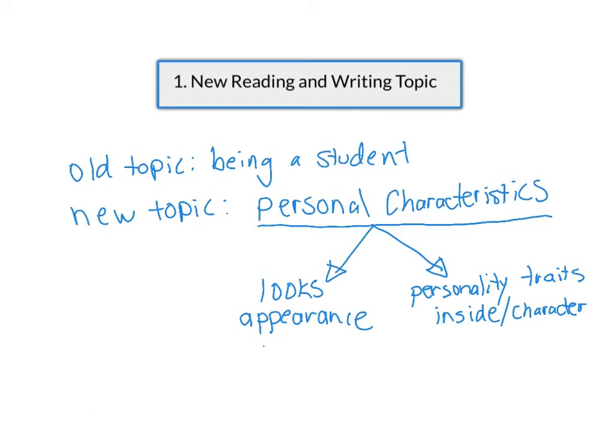So just to give you some examples, when we're talking about looks, you might talk about hair color. You might talk about height, how tall someone is, right? You might talk about their face shape or things about their face, what they look like. Some examples of personality traits or character traits could be something like intelligence, right?